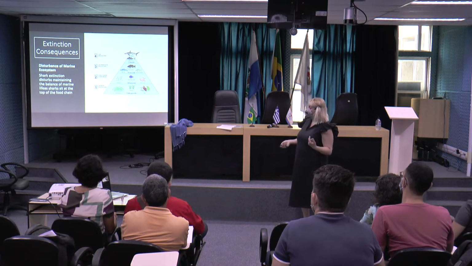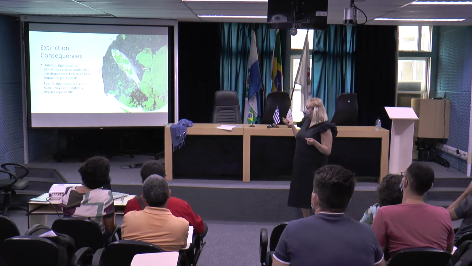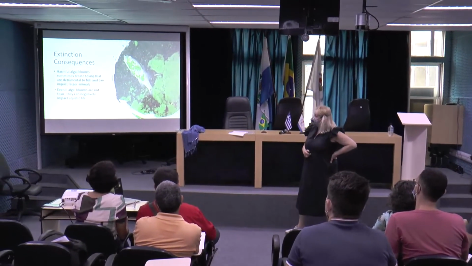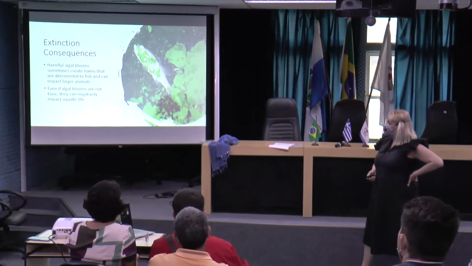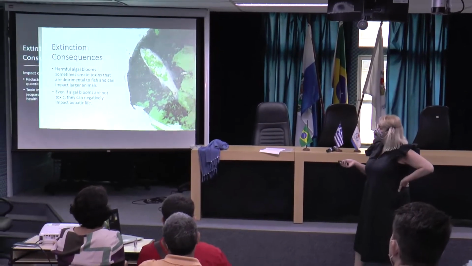So you can see what happens. It says harmful algal blooms sometimes create toxins that are detrimental to fish and can impact larger animals. So if algal blooms are not toxic, they can negatively impact aquatic life.